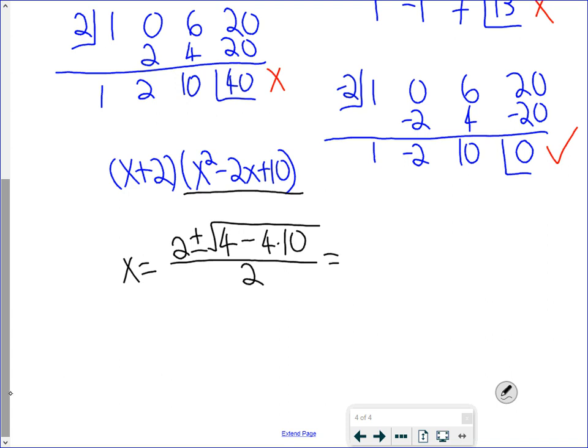I'm going to simplify this, so I get 2 plus or minus the square root of 4 minus 4 times 10, which is 40. So 4 minus 40 is -36, over 2.